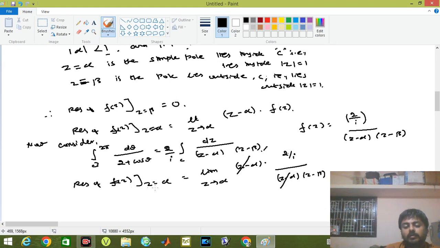And we will have 2 by i into 1 divided by alpha minus beta, that is equal to 2 by i into alpha minus beta.